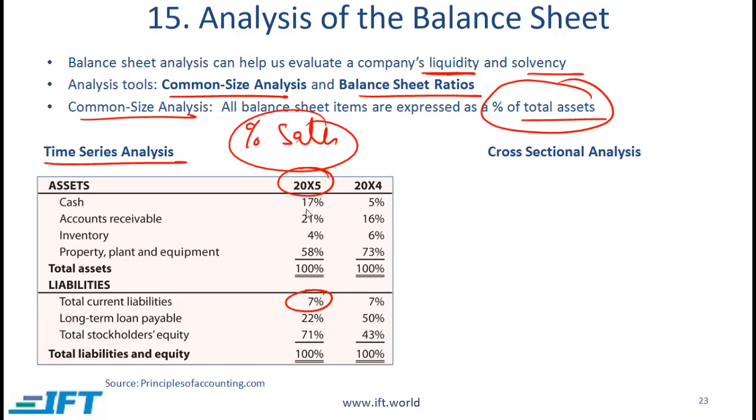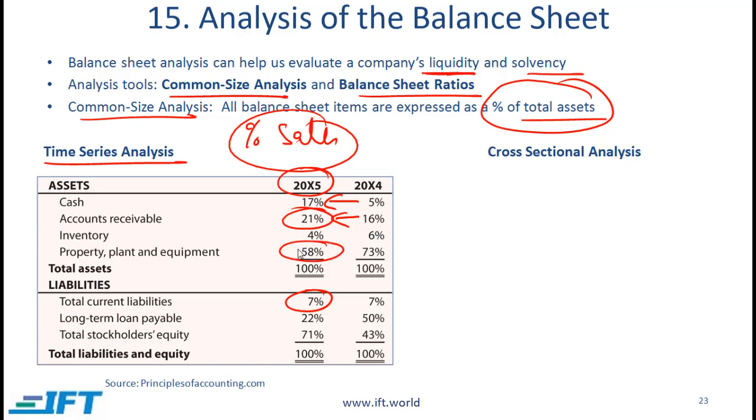If you do a simple analysis here between 2004 and 2005, it looks like the cash position is improving, but accounts receivable position is deteriorating because the accounts receivable amount is going up to 21% of total assets. So that seems to be a substantial increase from the previous year.